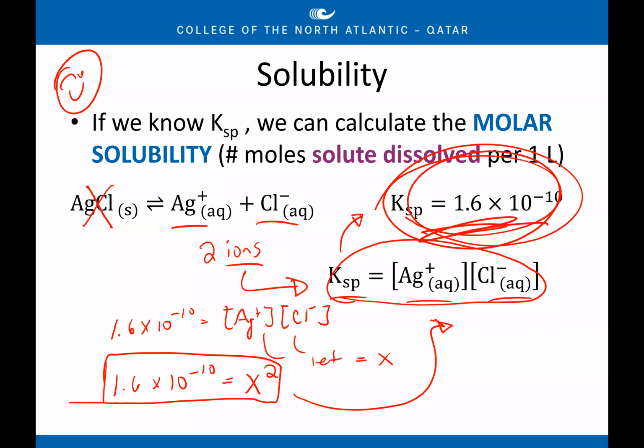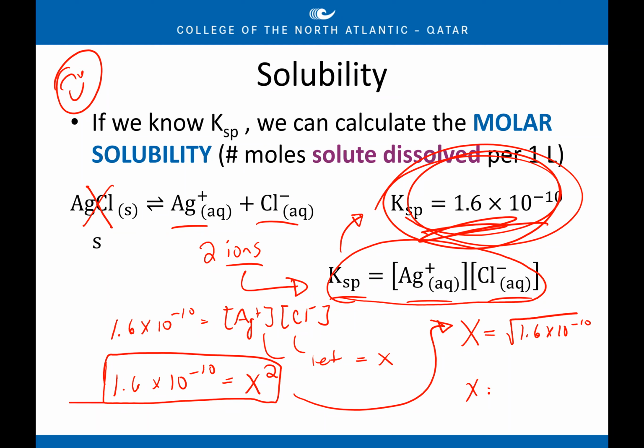How do I solve for x? Well, I'm going to read the chat because it's going crazy. Aman and Abdullah have answered it: take the root. This is almost as crazy as the math gets.